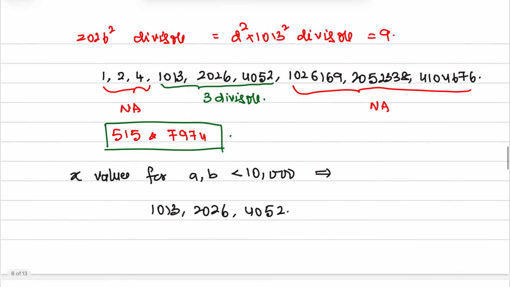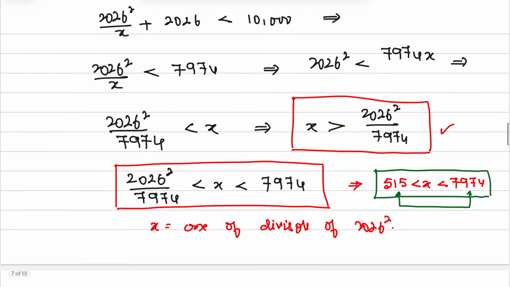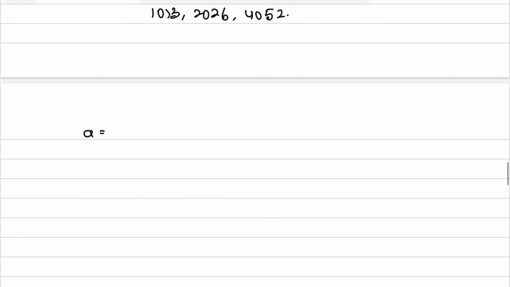Now, what is the value of A? A is equal to, we have written here, A is equal to x plus 2026. X is 1013, plus 2026, that is 3039.